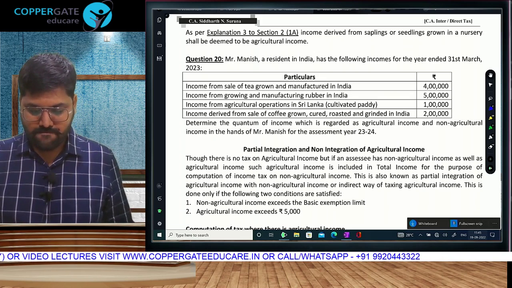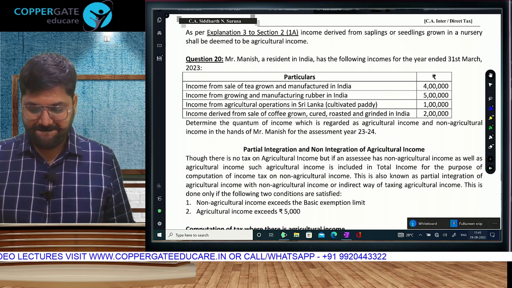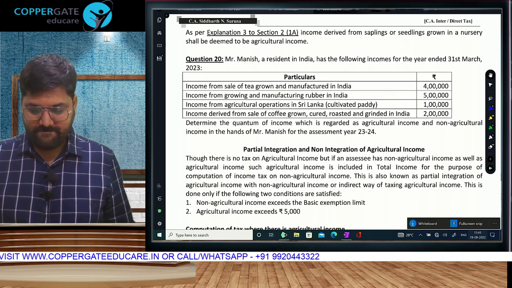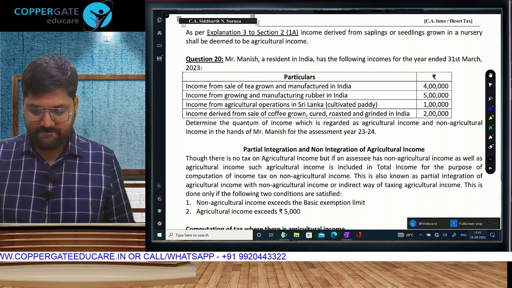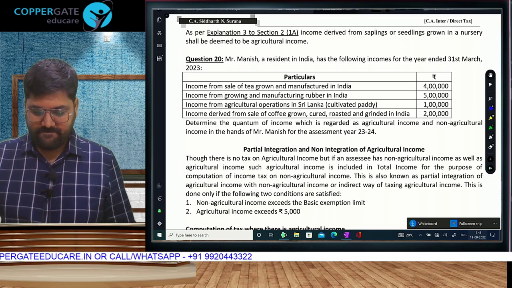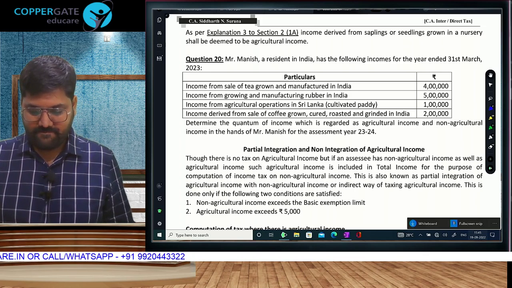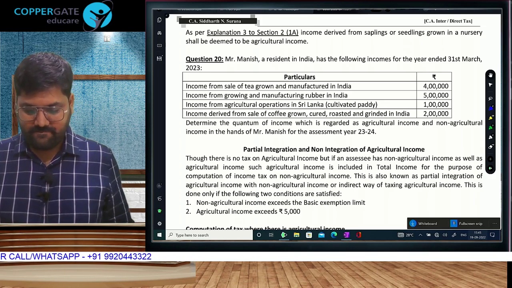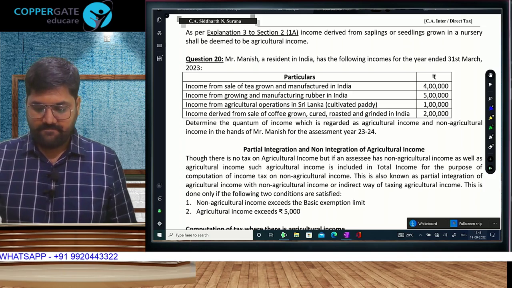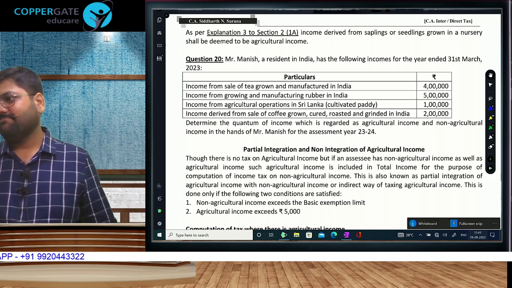Income from agricultural operations in Sri Lanka, cultivated paddy, 1 lakh. And income from sale of coffee grown, cured, roasted and grinded in India, 2 lakhs. Determine the quantum of income regarded as agricultural income and non-agricultural income in the hands of Mr. Manish for the assessment year 23-24.